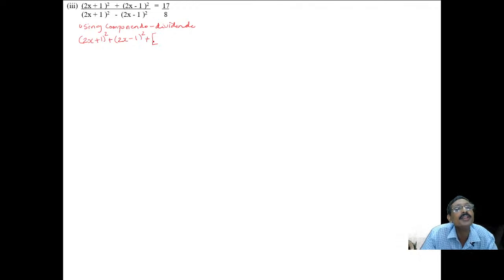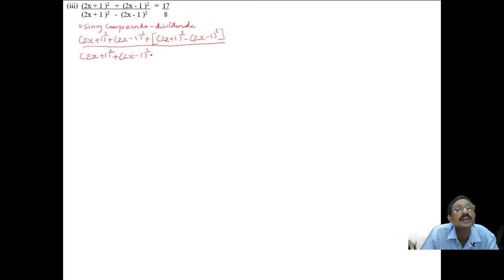Now what will come here? (2x plus 1) square minus (2x minus 1) square, divided by (2x plus 1) square plus (2x minus 1) square.